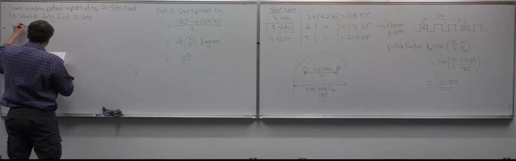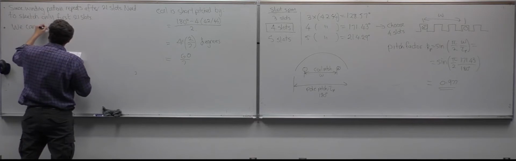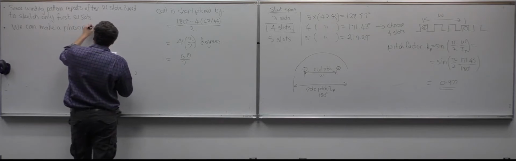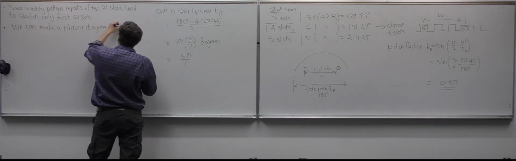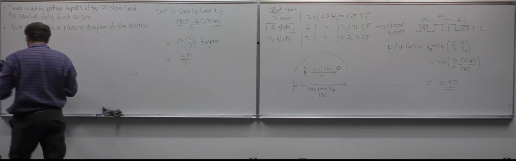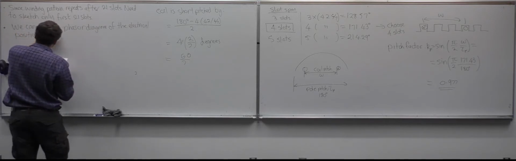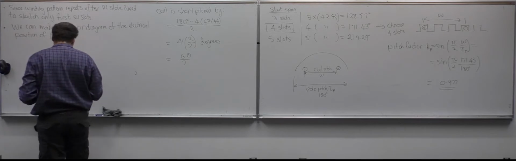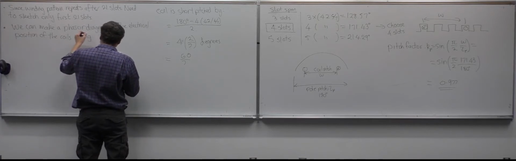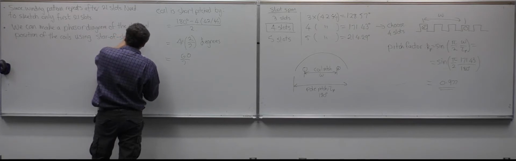We can make a phasor diagram of the electrical position of the coils using a star of slots approach.